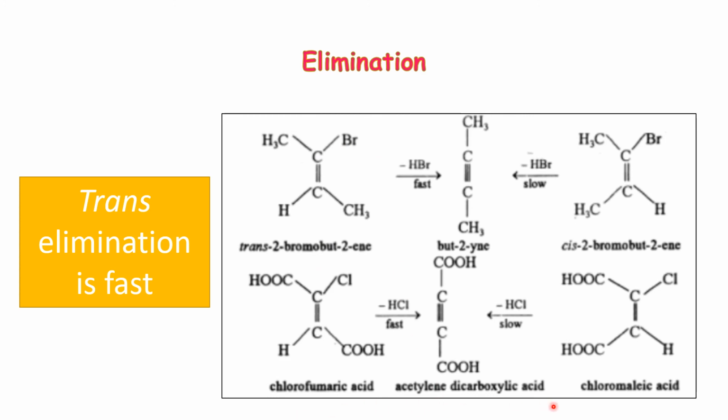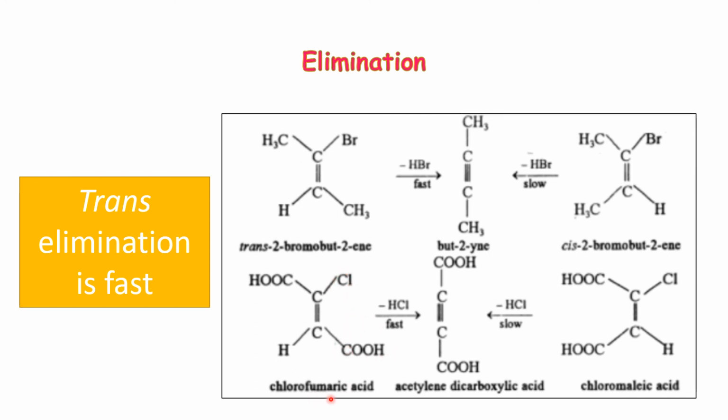Similarly, in case of fumaric acid and malic acid, again you will observe this is a trans isomer, but that will be equivalent to Z and not E, because chlorine will have first priority and COOH will have first priority.